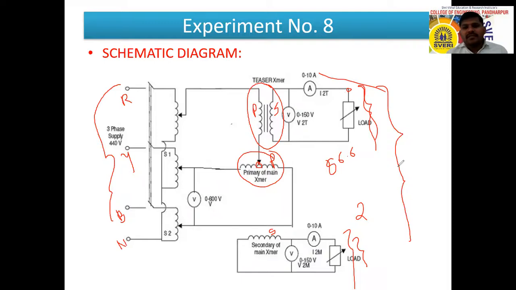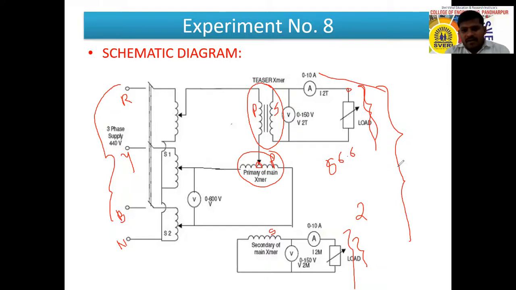Sometimes we know the furnace load, or sometimes one of the heating equipment loads. Generally this load is in the form of two phase, right? So to provide supply to a two phase load from a three phase line, such a connection can be used.